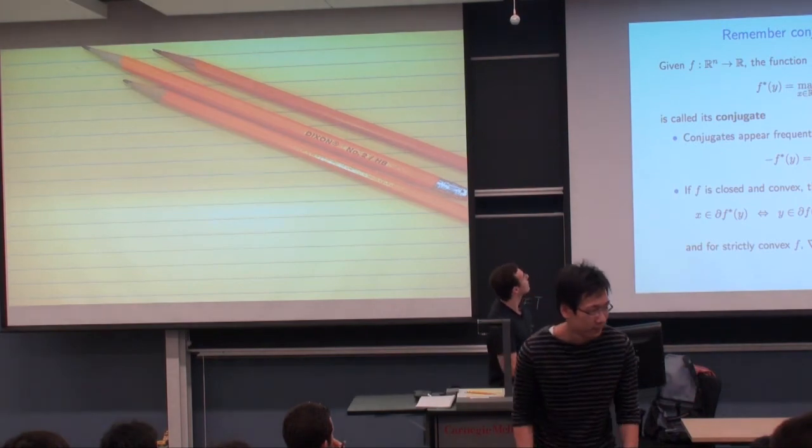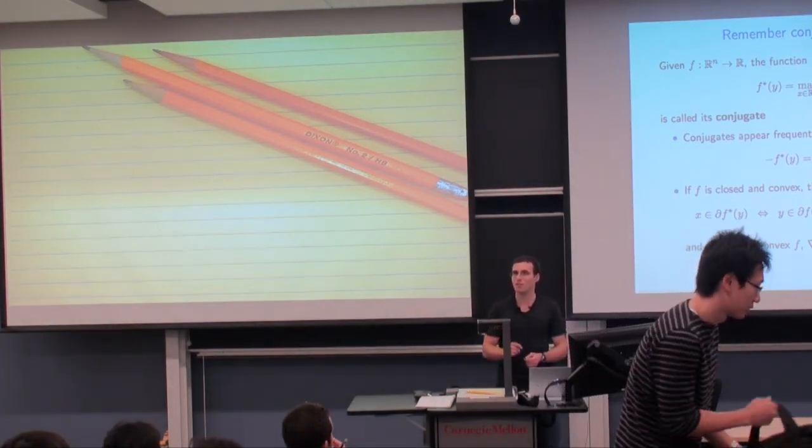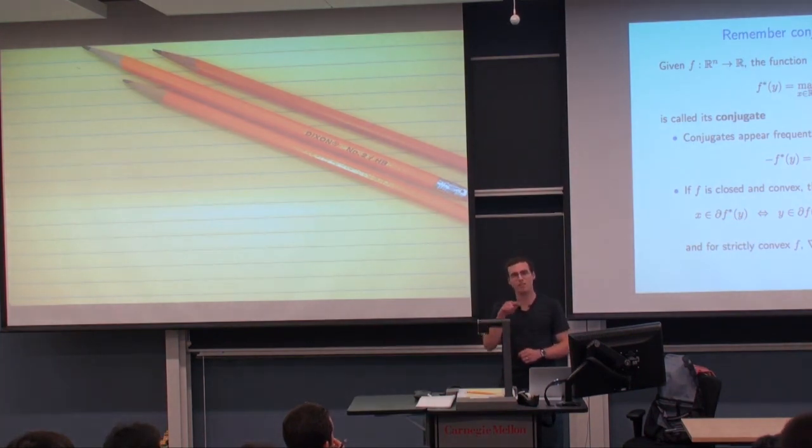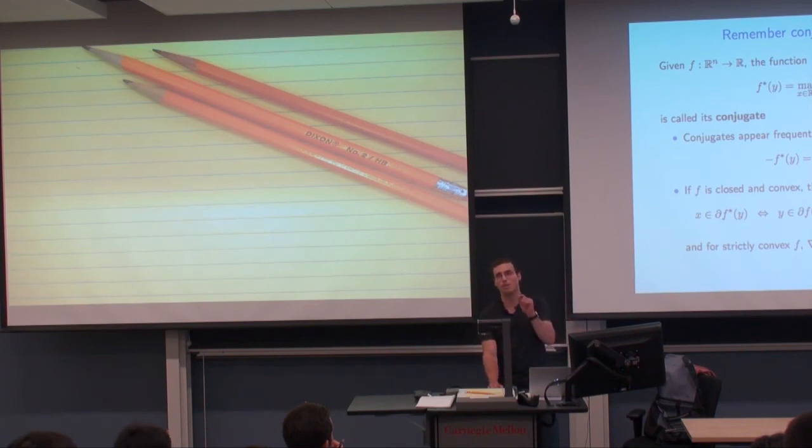You have to be careful that you're reading that star to mean conjugate and not to mean the optimal value of f. I guess it's an asterisk when I mean conjugate, and if I mean the optimal value of a problem in which f is the criterion, I mean f star. So just make sure that you see the difference there.